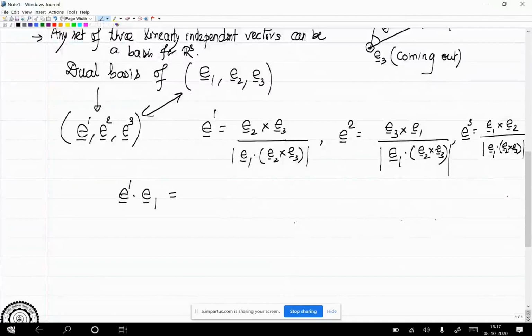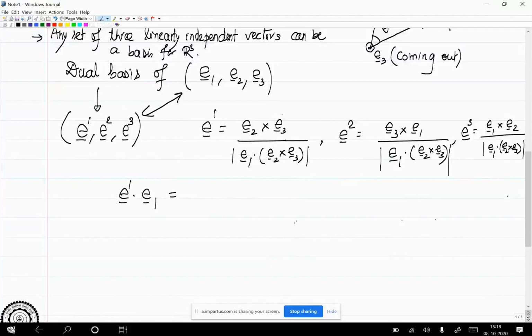Sir, the direction cosine between the... Of course, direction cosine. But looking at the definition of E super 1, what do you think it will be equal to? So just use this formula here.